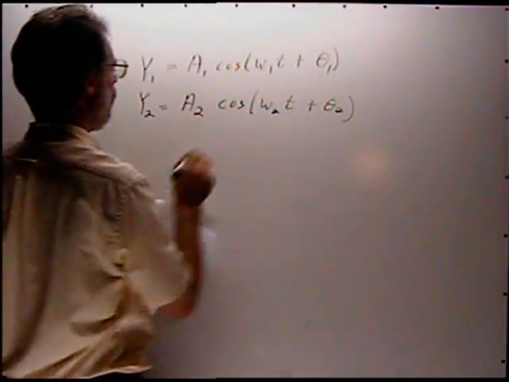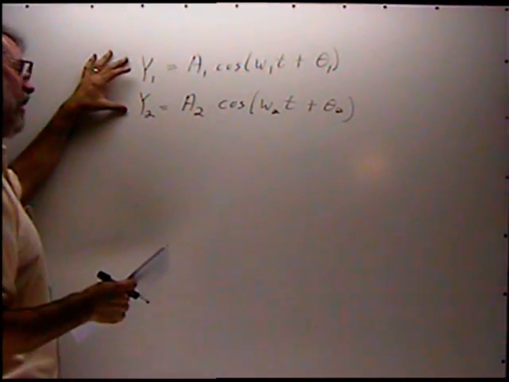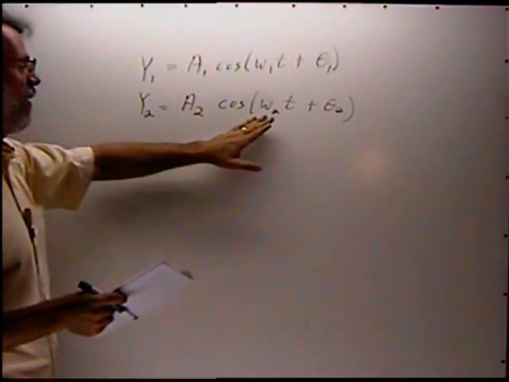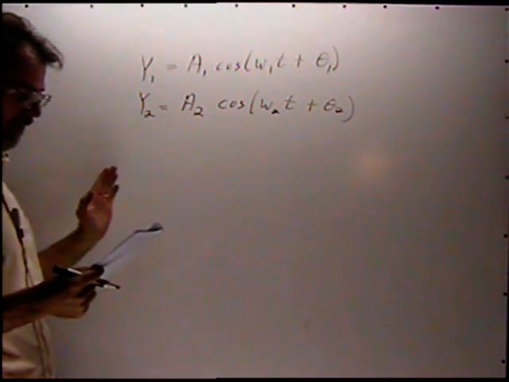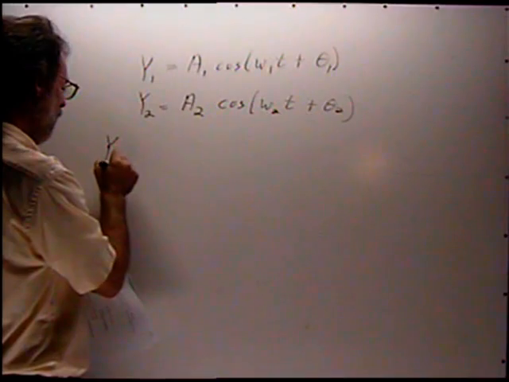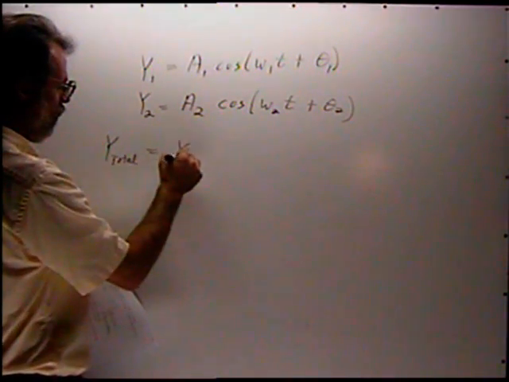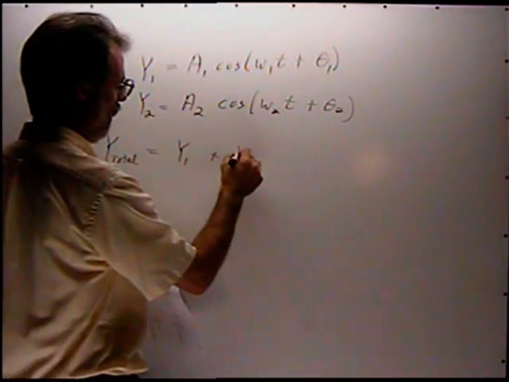The form is the same, but these coefficients are different. So what I want you to do is to simply add them up. Take the total, which is y1 plus y2.